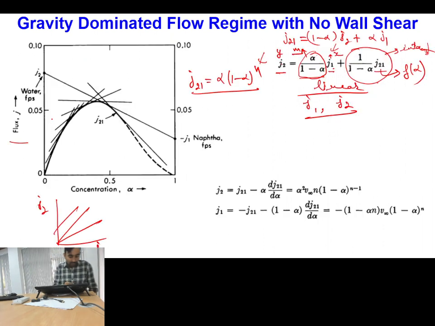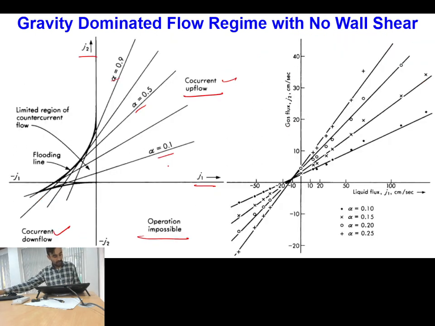So this system characteristic, if I draw it, will mostly be covering my second and third quadrant, and here this is the flooding line, and above this I will not be having the existence of the solution. Okay, is this point clear?